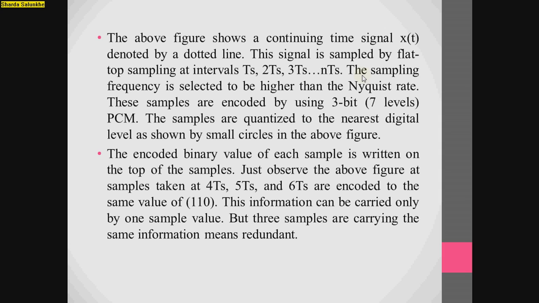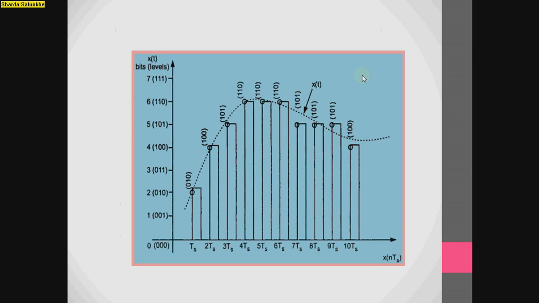These samples are encoded by using a 3-bit or 7 levels PCM, and these samples are quantized to the nearest digital level shown by the small circles in this figure.